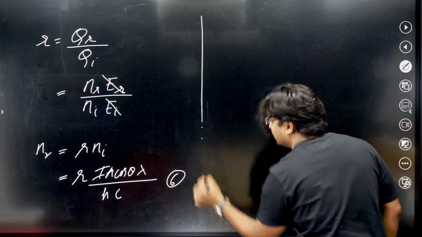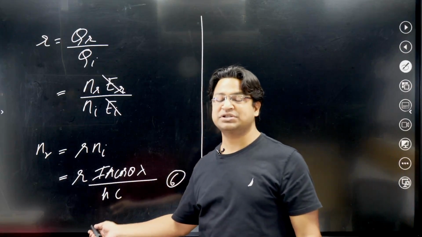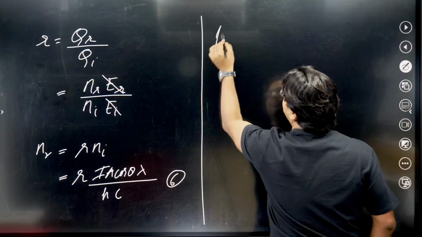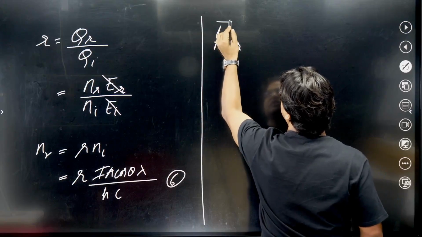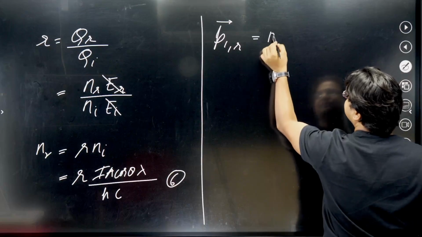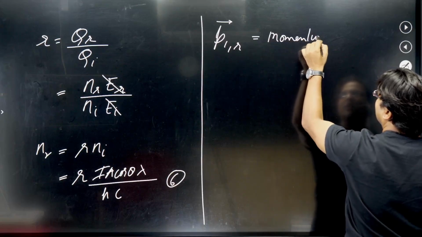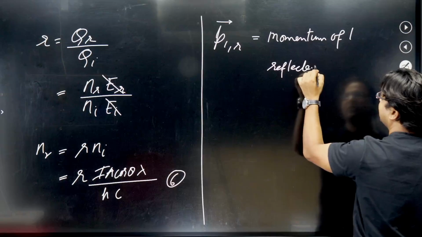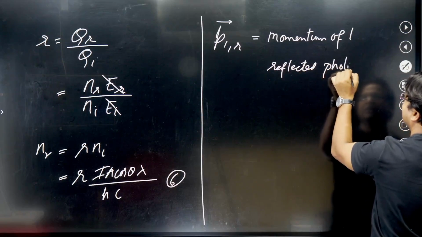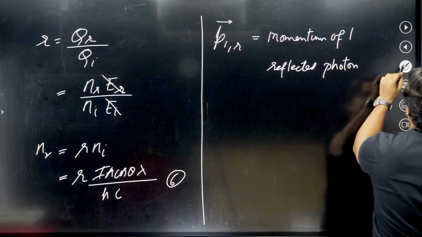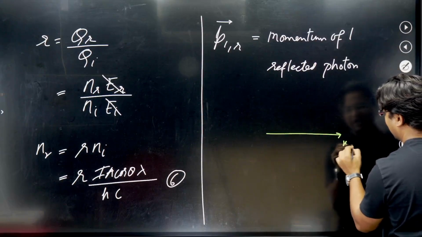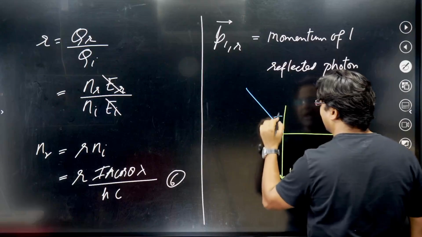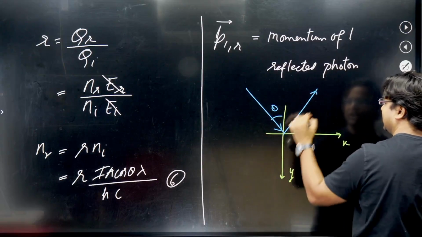Okay, so we have written the value of the number of photons reflected per second. Now my intention is to write P1R. What is it? It is the momentum of one reflected photon. How do I write this? Again, we assumed the x axis to be like this, the y axis like this, and if a photon came at an angle theta, then it will be reflected at an angle theta like this.